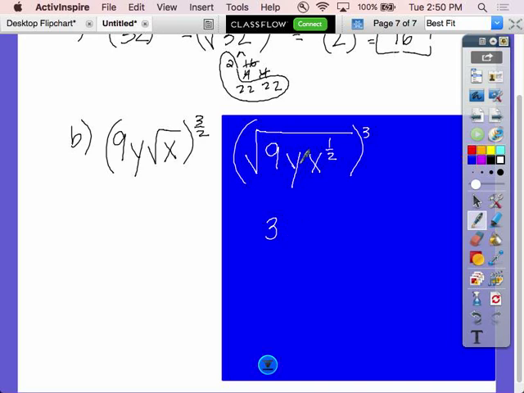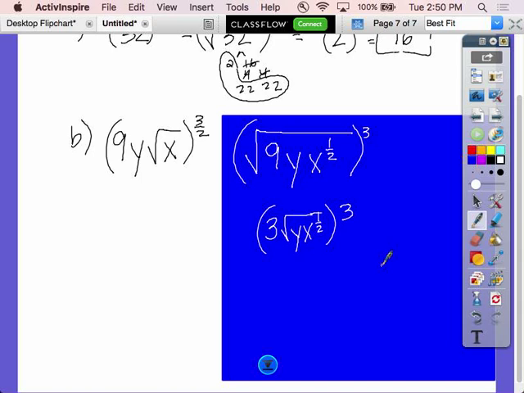But I can't take the square root of this stuff. So I just have square root of y x to the 1/2 raised to the 3rd power. I can't take the square root of anything but the 9. Third. We're just bringing that 3 down from there.